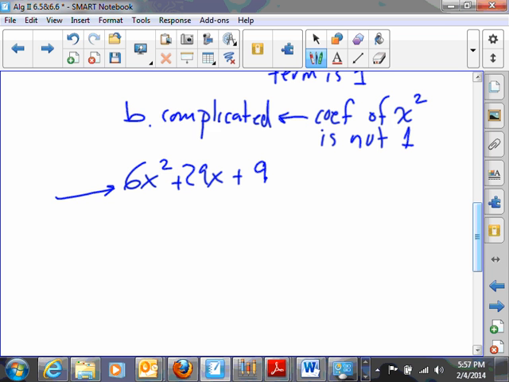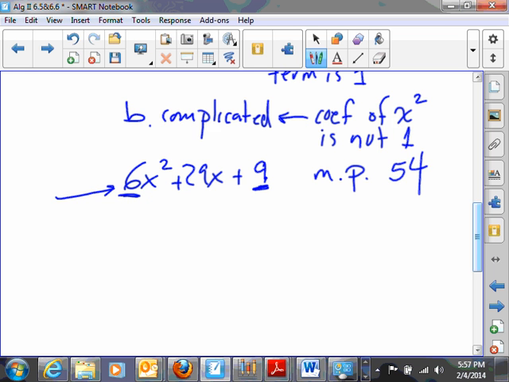What we can do, however, is find what is called the master product. Now, the master product is the product of the leading coefficient and the constant term, including the signs, of course. So 6 times 9 is 54.